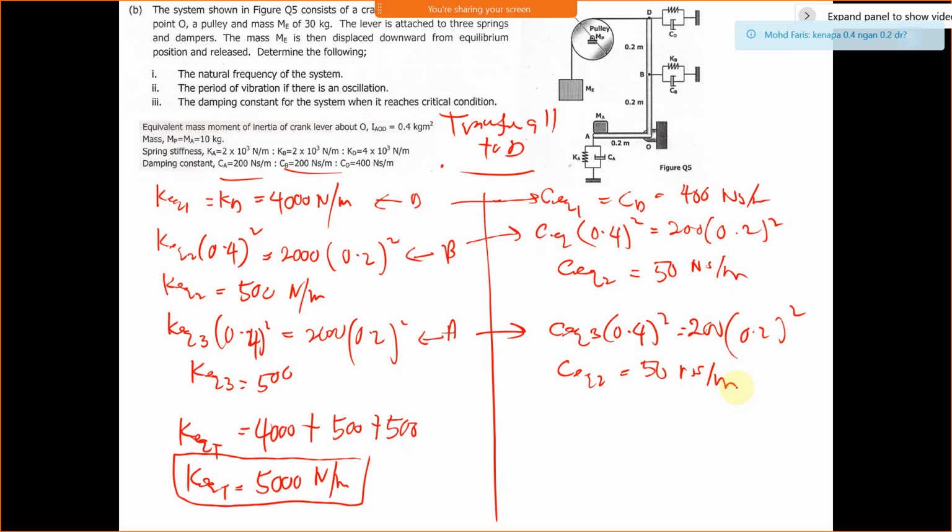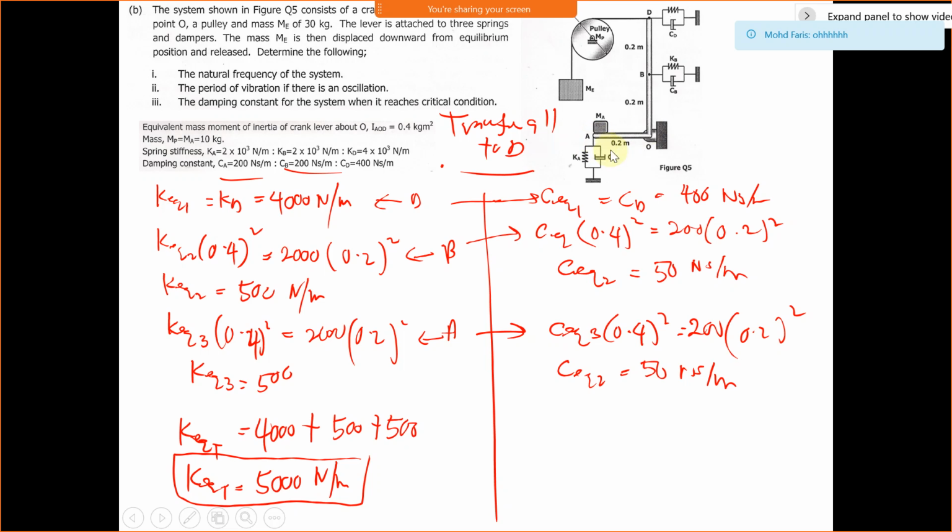Kenapa 0.4 dan 0.2? Sekarang ni our pivot dekat point O, alright, dia berpusing dekat point O. So sekarang ni kita nak pindah yang B. Let's say we need to transfer B to point D. Then jaraknya daripada O ke D adalah distance for K equivalent, which is 0.4. Alright, untuk B pula, jaraknya daripada O ke B 0.2.